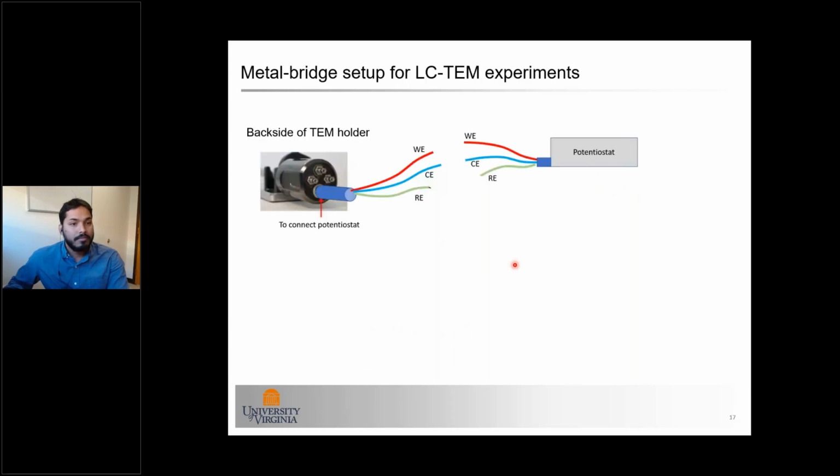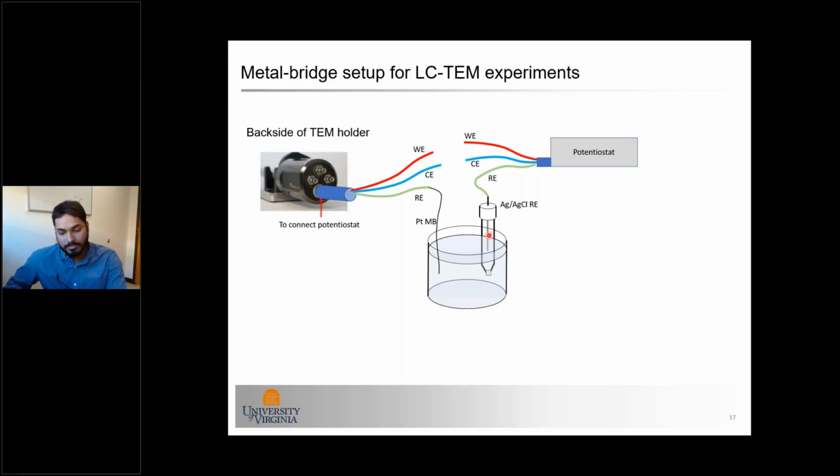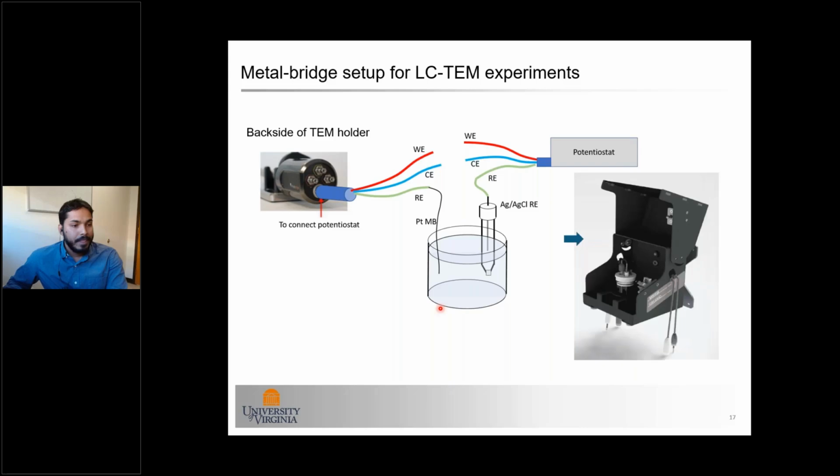So our suggestion for the metal bridge setup, when running electrochemical tests in Liquid-Cell TEM, was like this. This is a conventional setup where the cable coming from the platinum reference electrode we used to connect directly. But now one can use that as a metal bridge and have a true reference electrode outside the holder or outside the TEM.